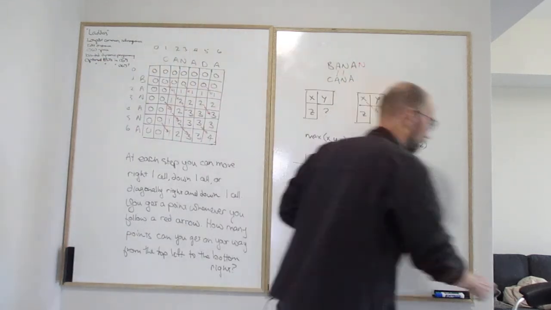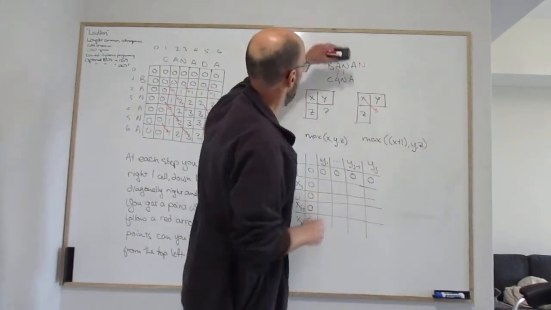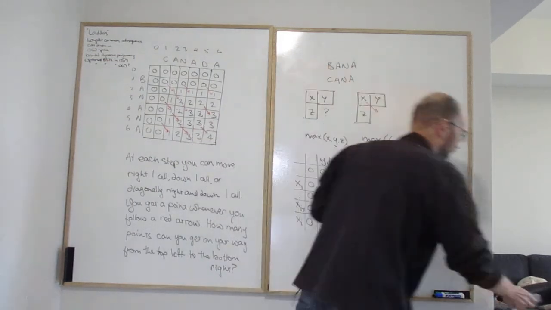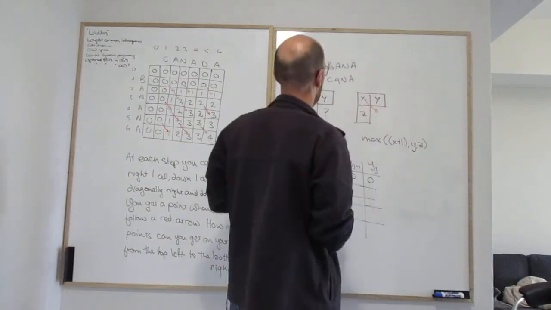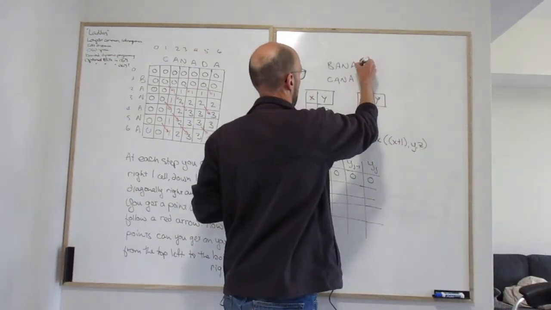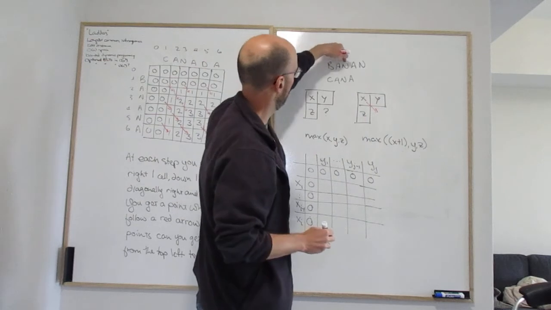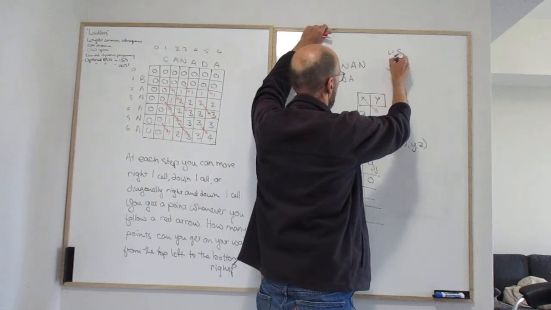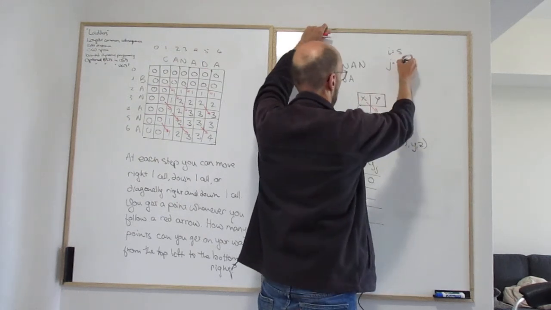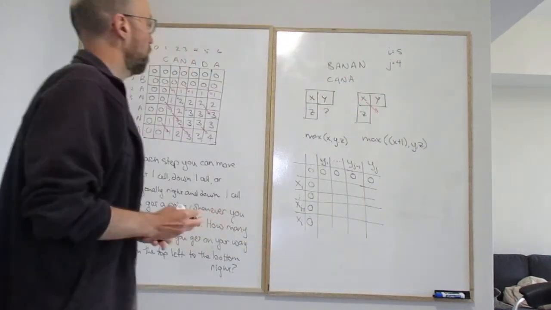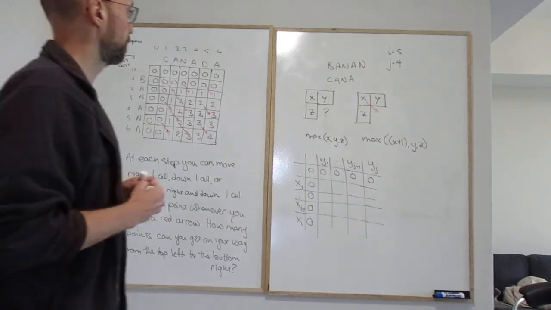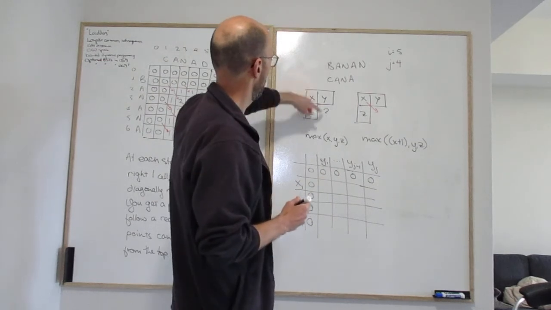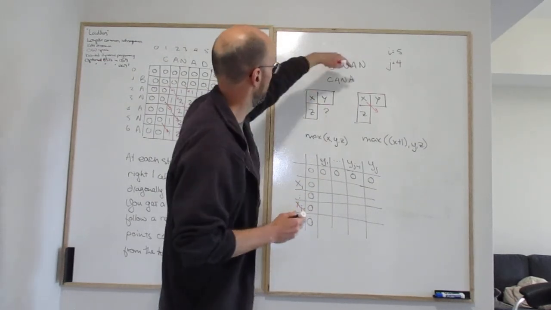Okay, so let's actually do this. So which one? We want bana and bana. Let's say we have banan. Okay, so i is 1, 2, 3, 4, 5. j is 1, 2, 3, 4. So here we're in this case, because these two don't match.